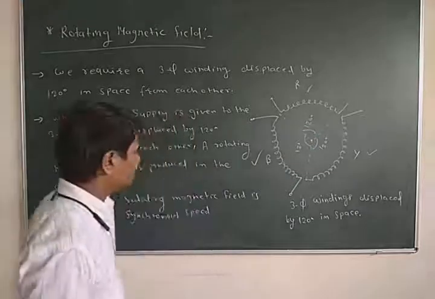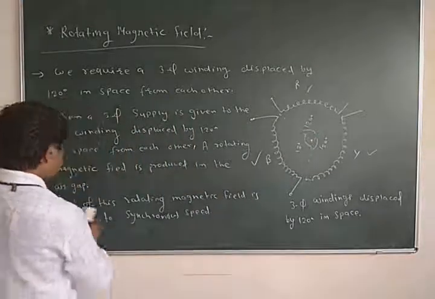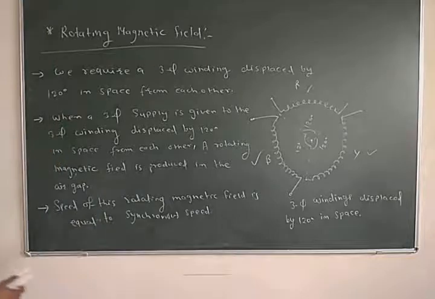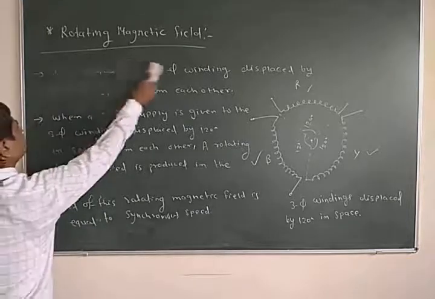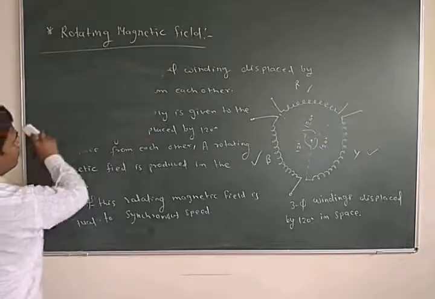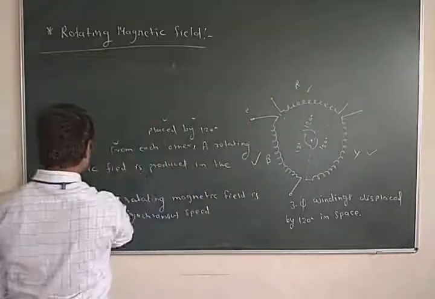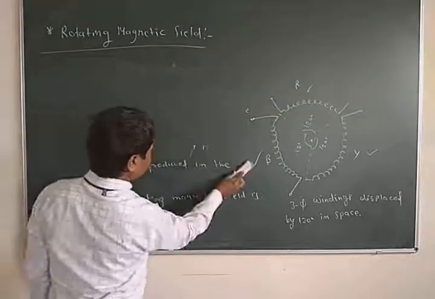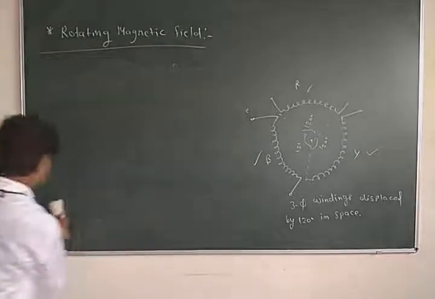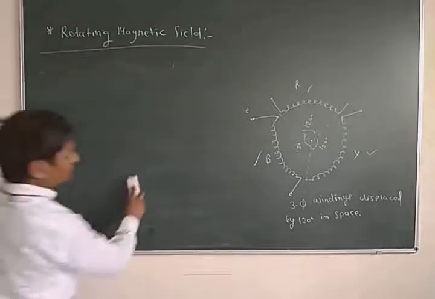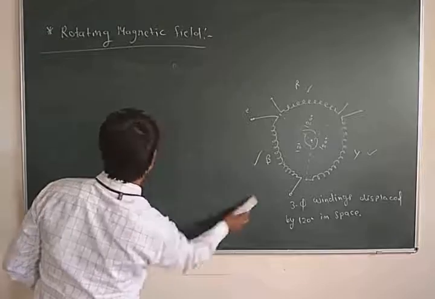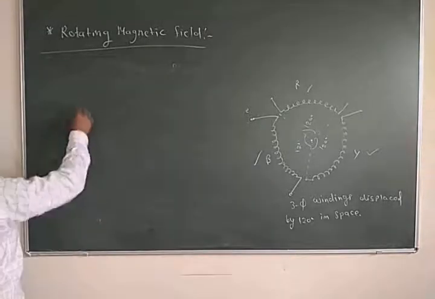So now we discuss the creation of rotating magnetic field. Second is production of rotating magnetic field. Let a three-phase supply be given to the winding.